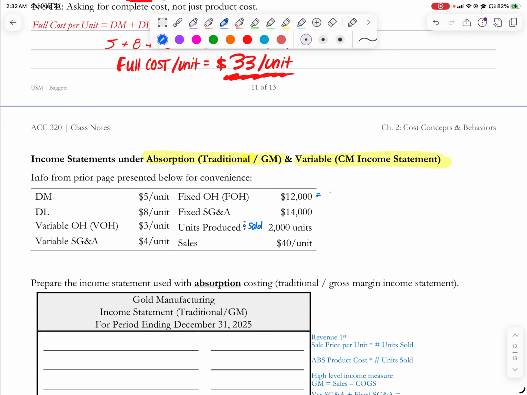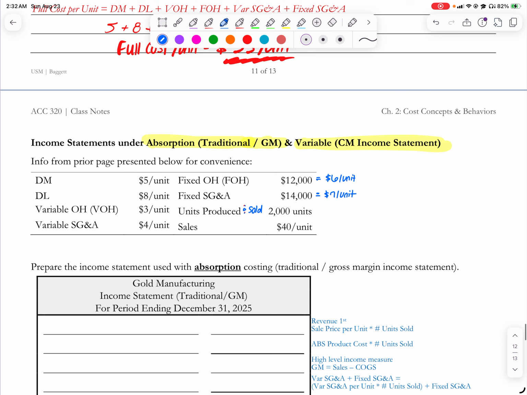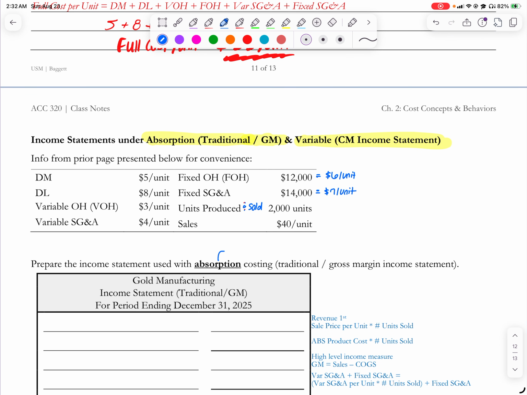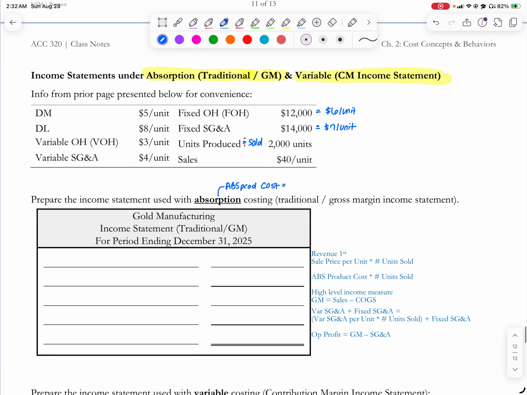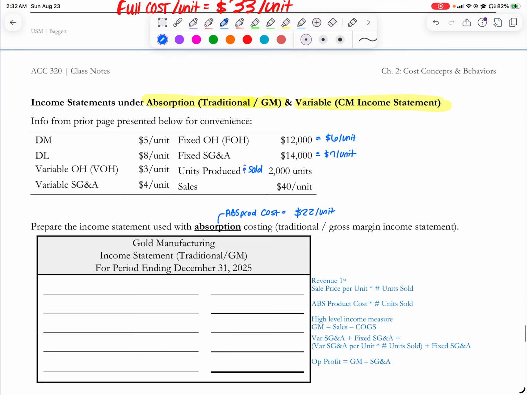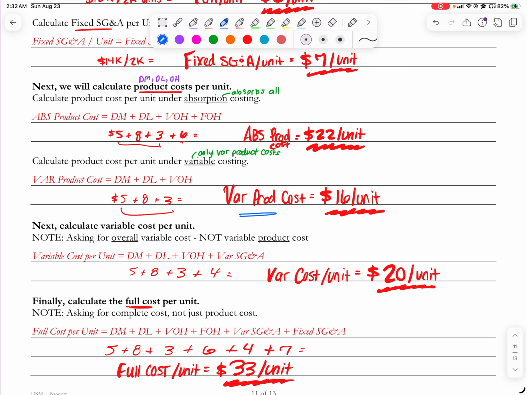Remember, this was calculated at $6 per unit. This was calculated as $7 per unit. Absorption product cost on the prior page had been that 22. For the variable product cost, it had been that 16.